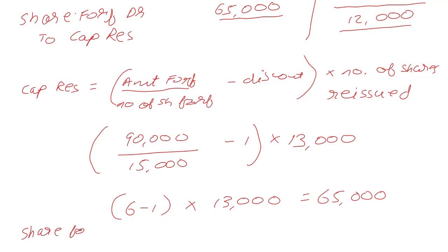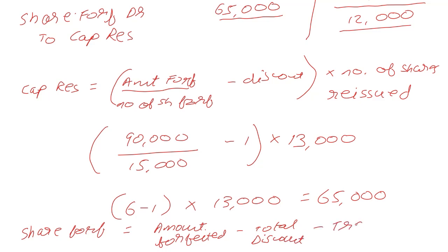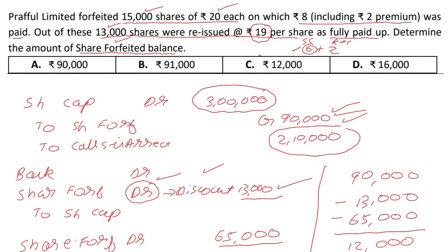The share forfeiture account is going to be equal to the amount forfeited, minus total discount, minus transfer to capital reserve. If you can get these three together, you can add and subtract to get the answer. Your answer is C, which is 12,000. Any doubt, feel free to ask.